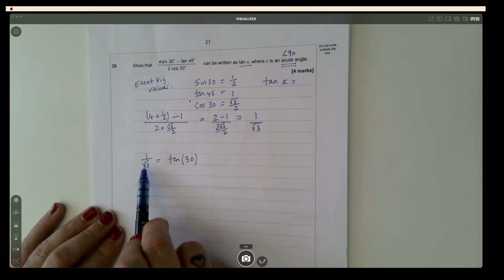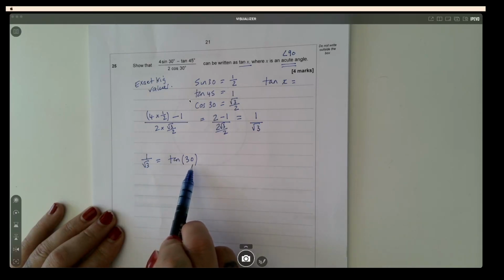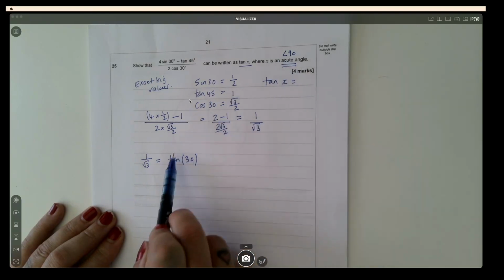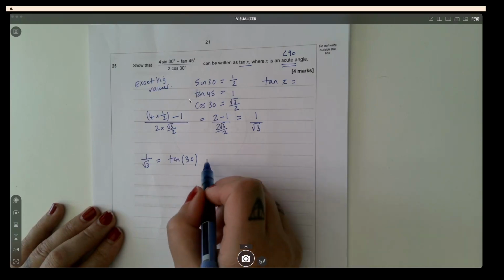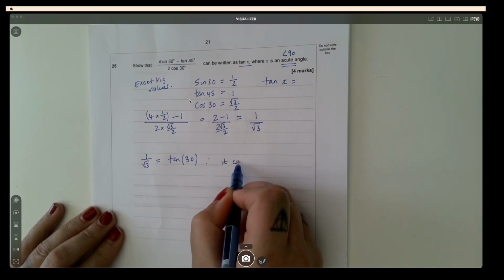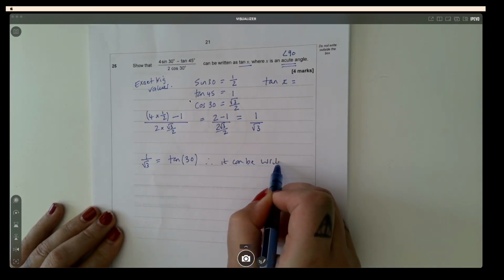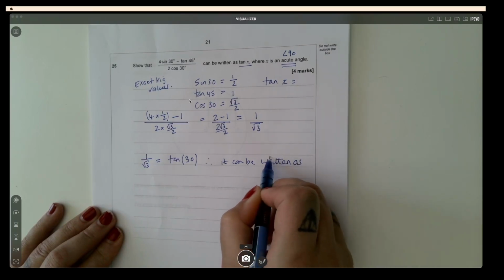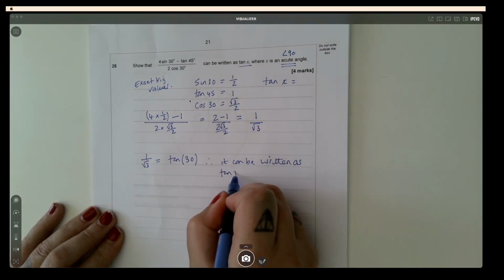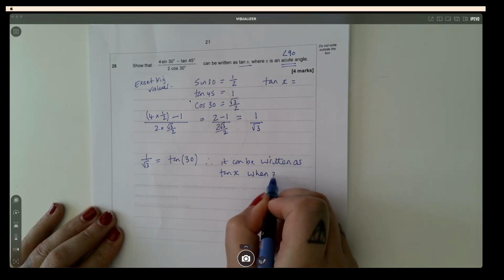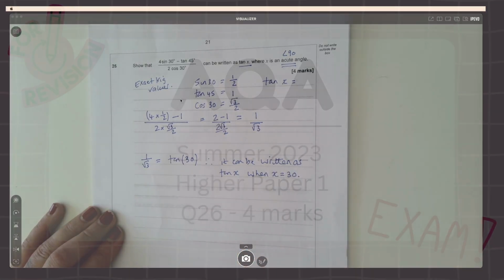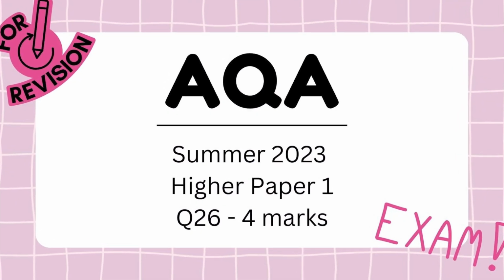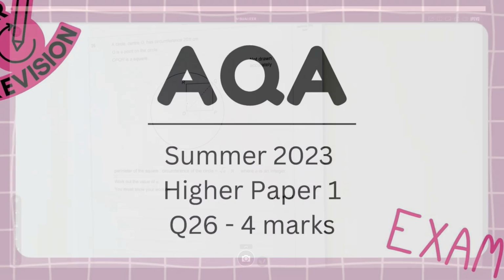So 1/√3 is equal to tan 30. 30 is less than 90, so that's an acute angle. So it can be written as tan x when x equals 30. And then we've done that question.